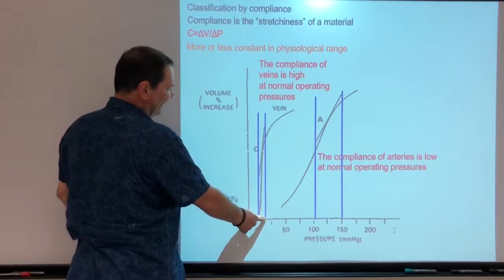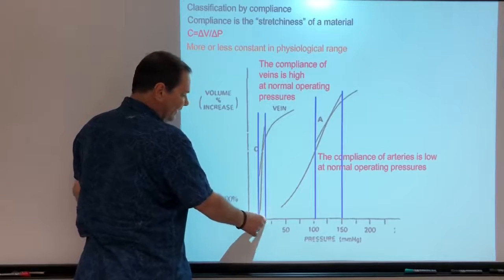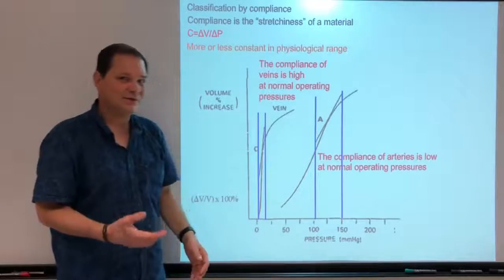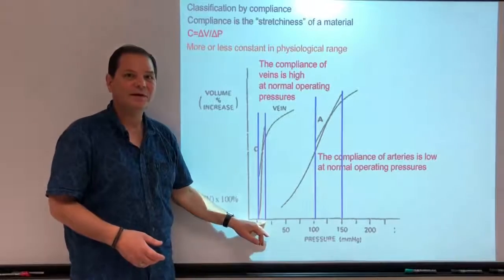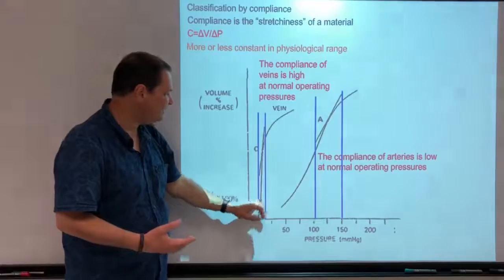Or another way of saying it is that as the volume goes up, the pressure goes up. They co-vary, and the amount of change that you get in volume for any given change in pressure is defined by the compliance.